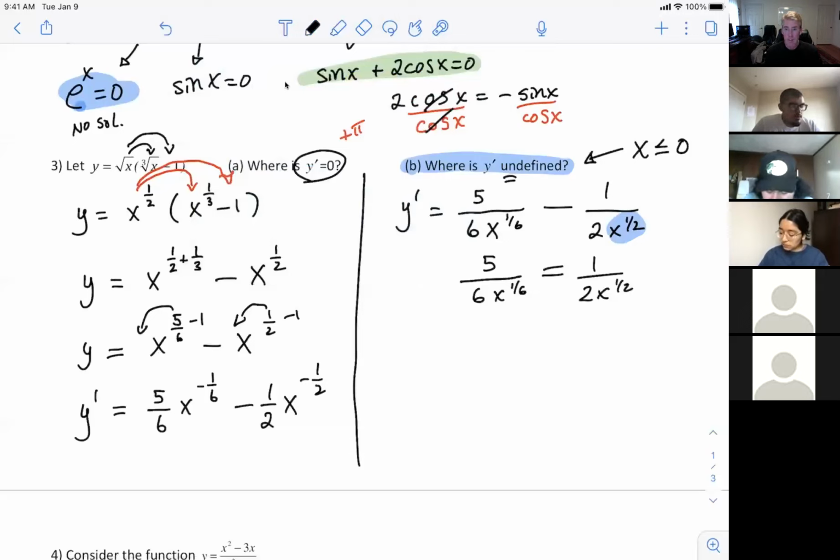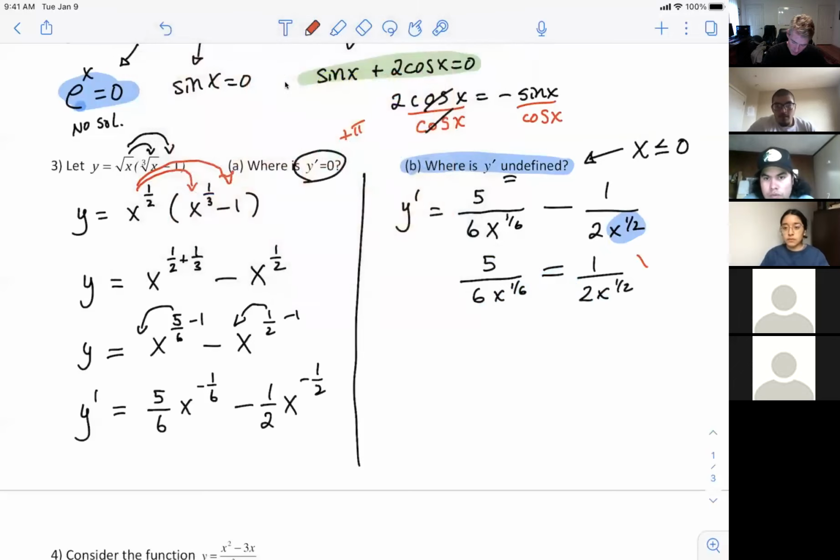Now there's two ways to proceed. One would be some people will just automatically say cross multiply. And you could do that, but that's going to cause you one or two extra steps that you don't really have to do. What you really need to do is get the x's on one side and the numbers on the other side. So I'm going to get the x's on the left side.